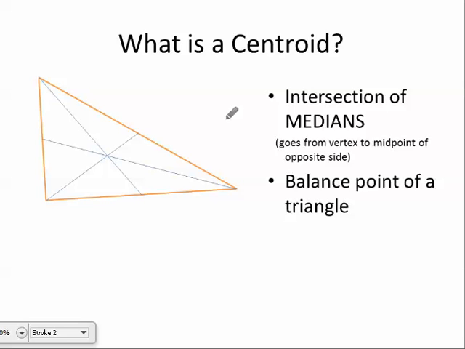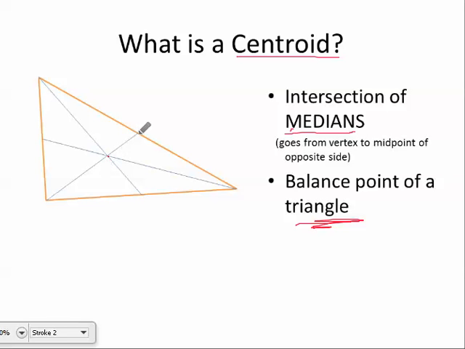Now, in Unit 1, we talked about some centers of triangles. What does a center mean? It means that we're going to use that center as identifying a point at some point. The centroid, this is the one that was the balancing point of the triangle, and it was found by finding the medians. A median is an important term.